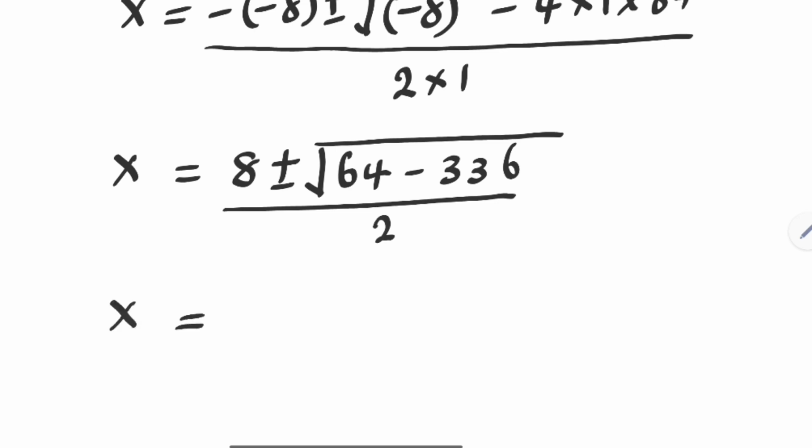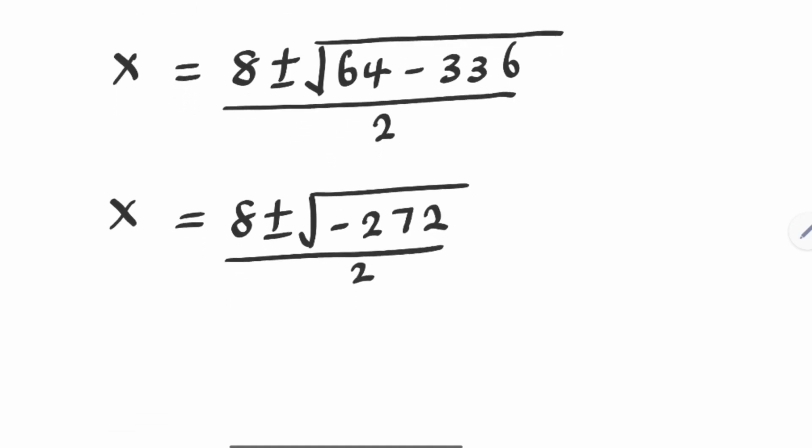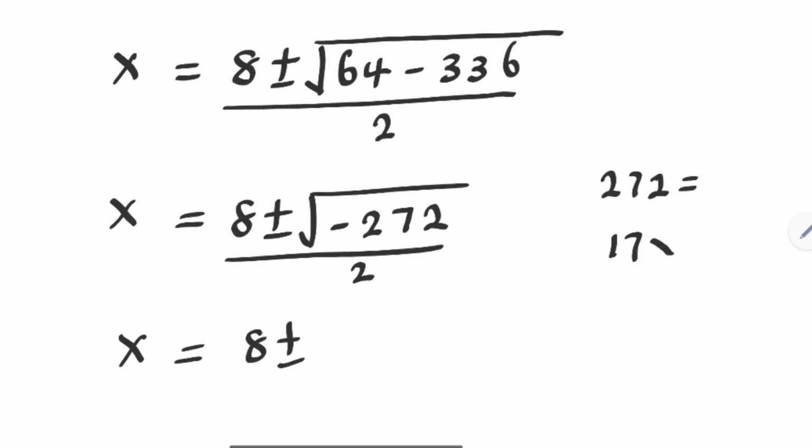x is equal to 8 plus or minus square root of 64 minus 336. That is minus 272, divided by 2. x is equal to 8 plus or minus square root of 272. 272 is equal to 17 multiplied by 16.